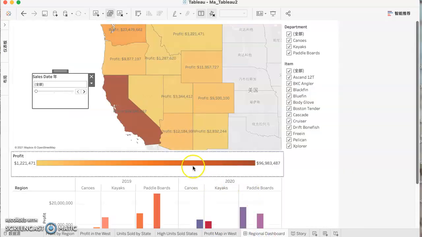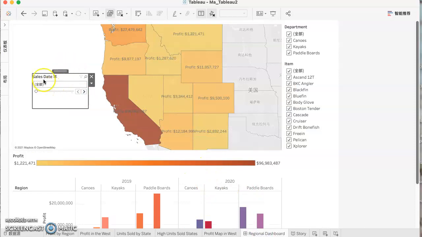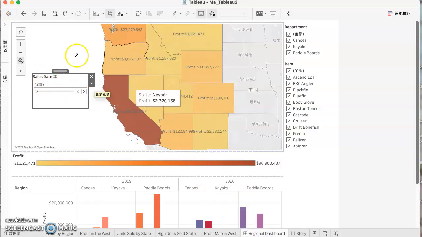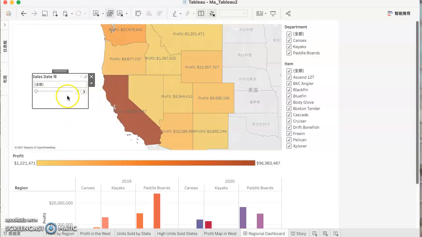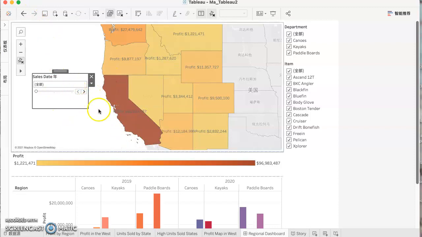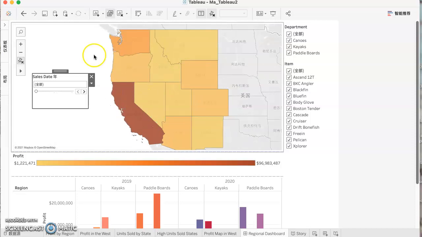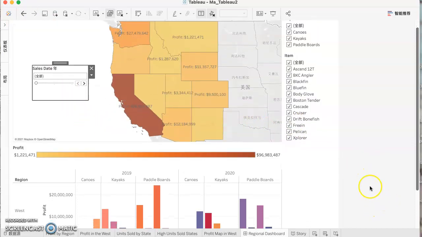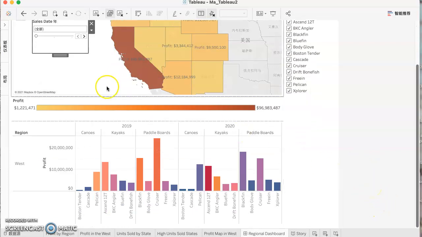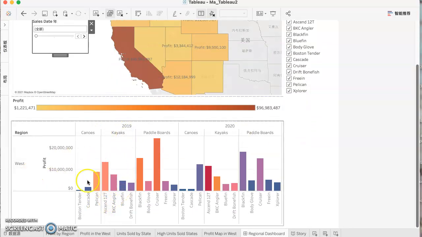And here goes the regional dashboard, the source profit. In this dashboard, I present the profit map of the West, as well as the profit of each item and department in the West.